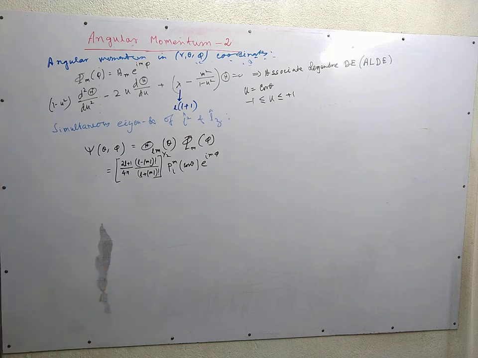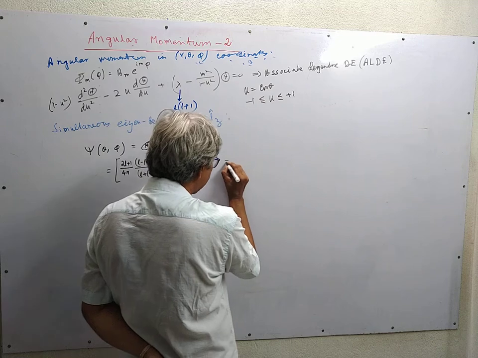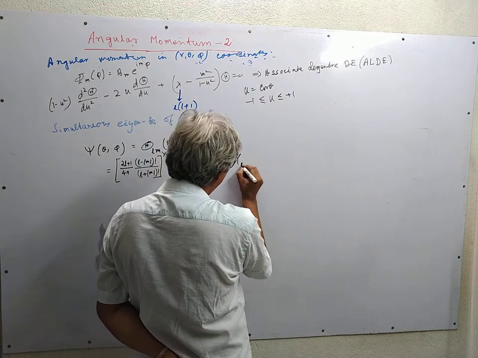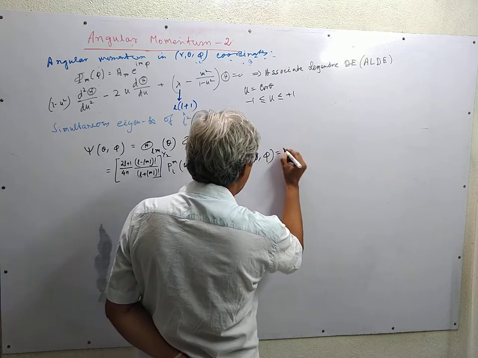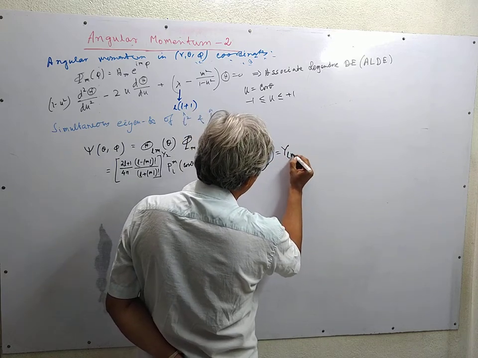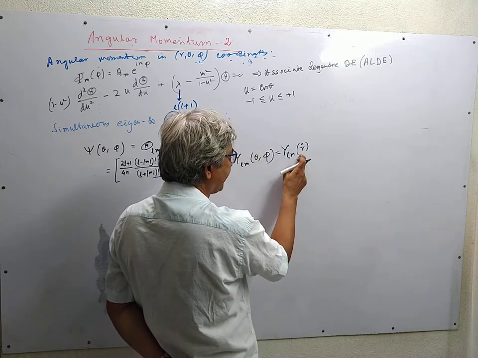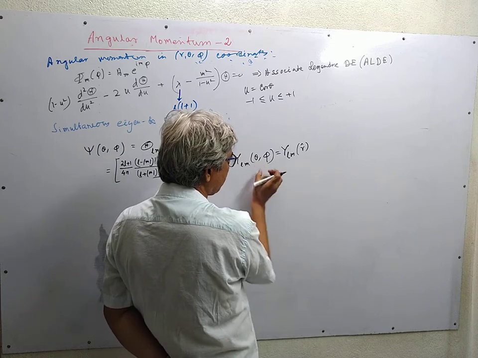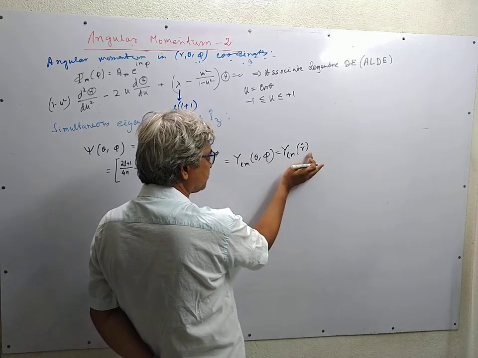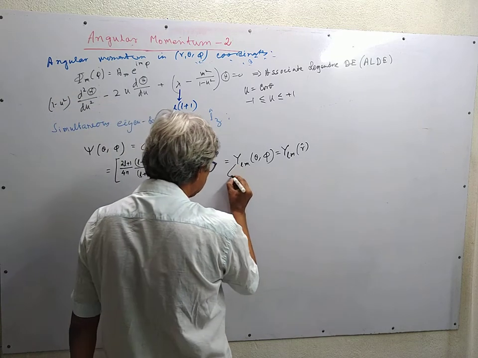This is the normalized wave function, and it has a special name, Y_L^m(θ,φ). One may also write it as Y_L^m of r cap, because the r cap vector depends on theta and phi. So instead of writing two arguments, one may also write it in terms of r cap. This is known as spherical harmonics.